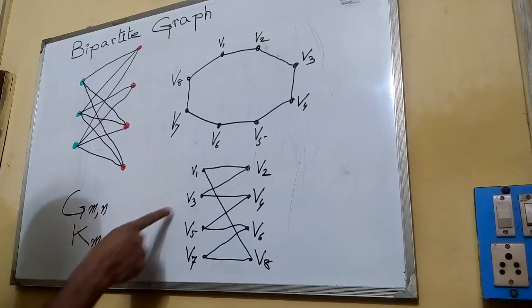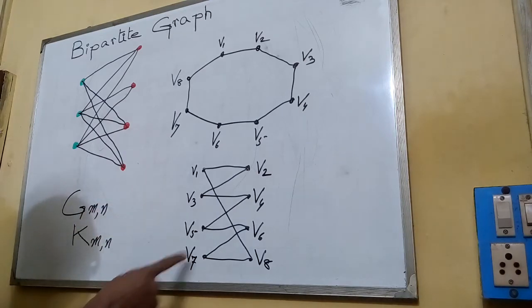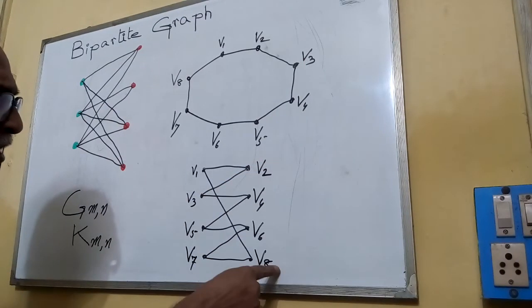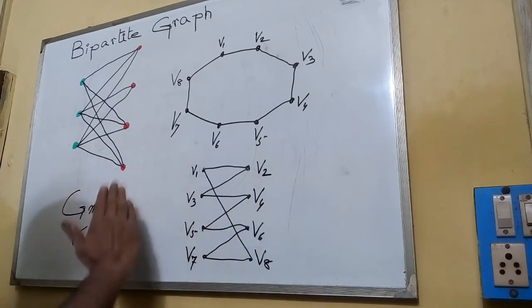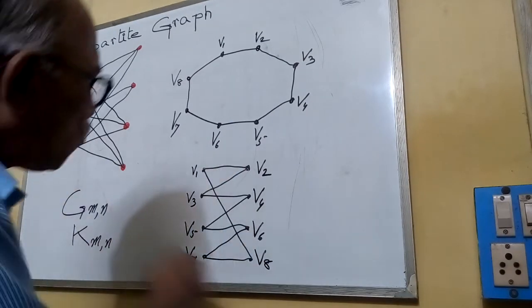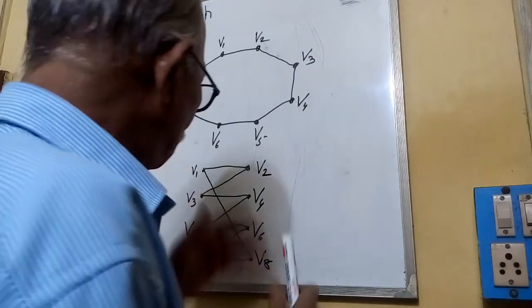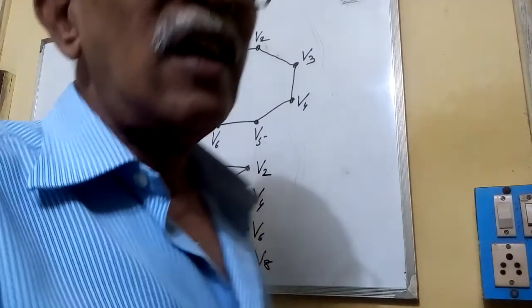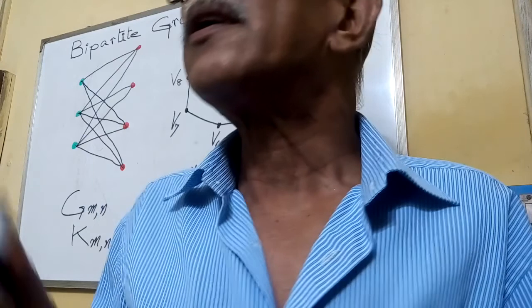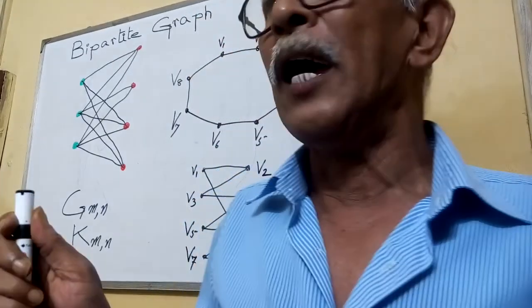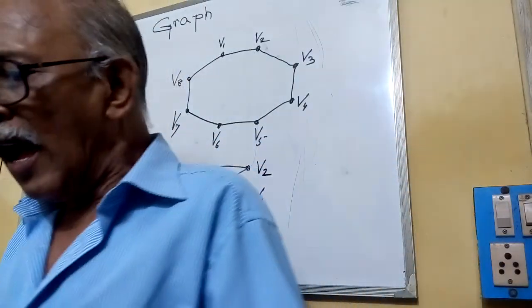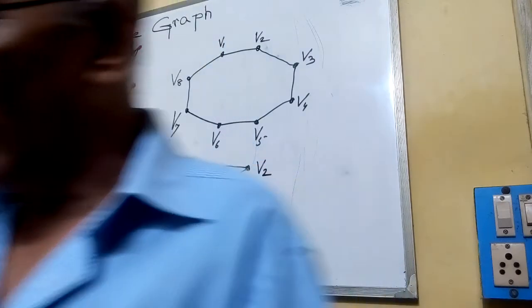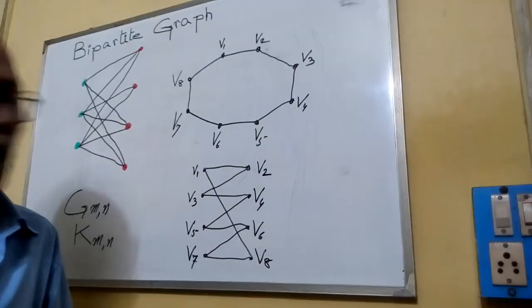That means V1, V3, V5, V7 on this side and V2, V4, V6, V8 on this side. You can interchange the sides, but you cannot change this order. So for a connected bipartite graph, a unique bipartition is there.